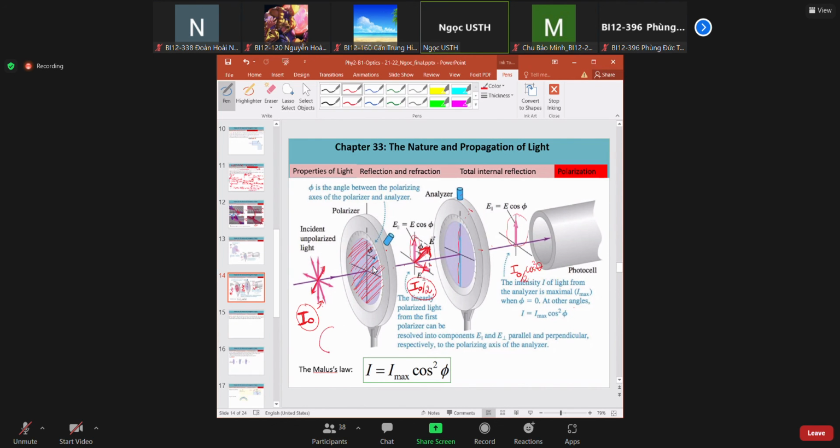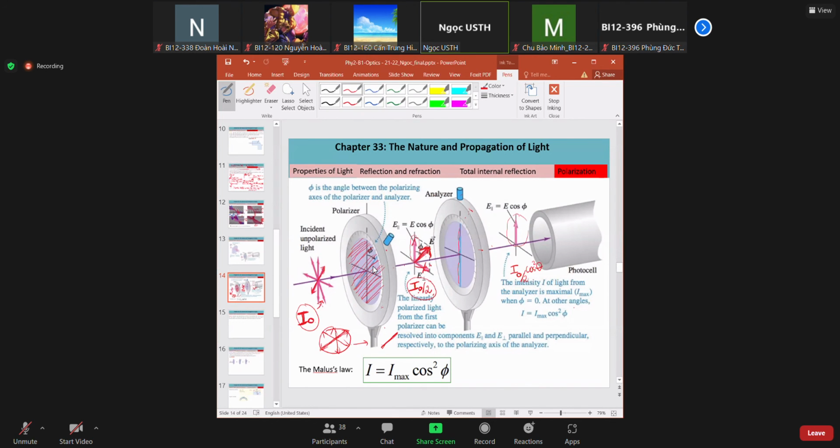Keep in mind that I have a question. If I have unpolarized light like this, and here is the incident beam, and it comes to the first polarizer with this direction of polarization, the same as this one, parallel with this one.